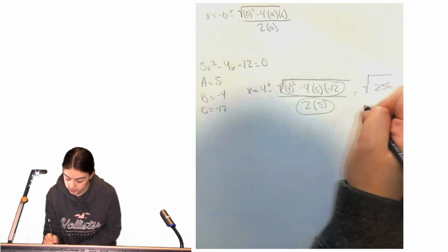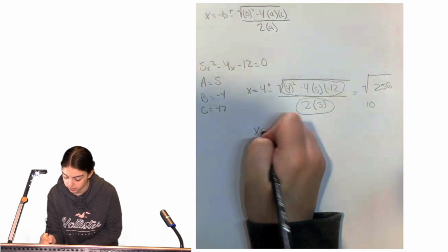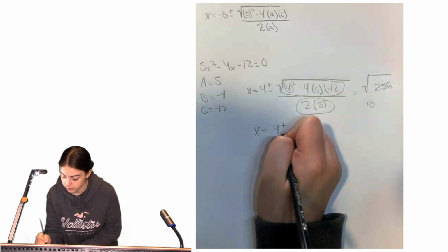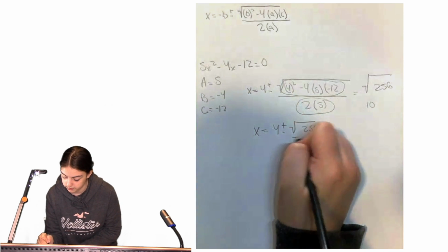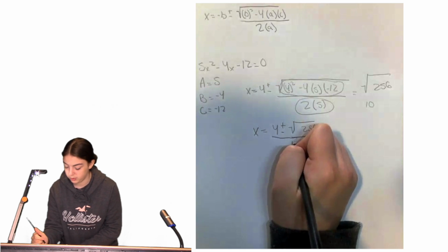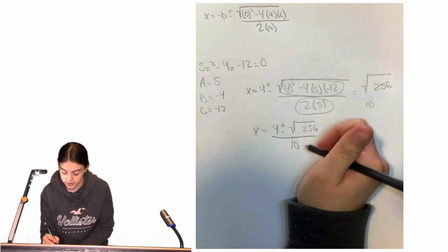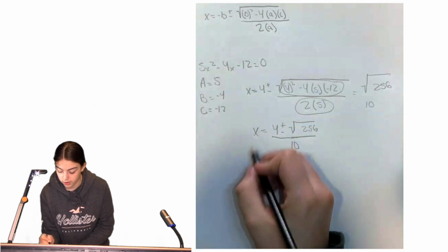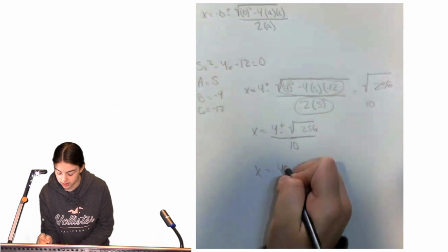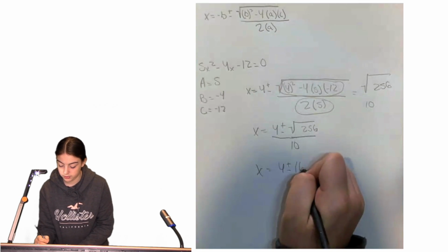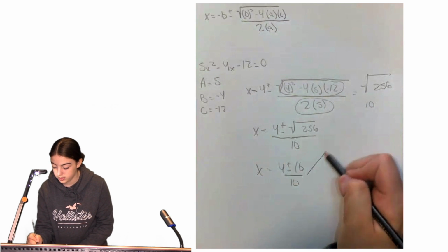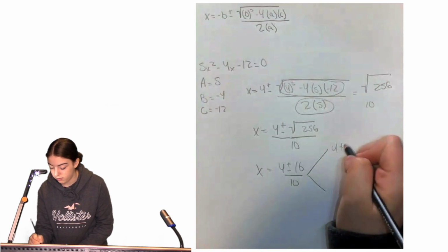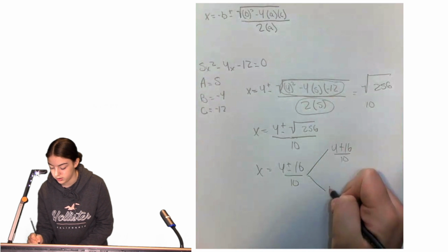So x equals 4 plus or minus the square root of 256, divided by 10. Now this is in simplest form, so now we have to break this down into x equals 4 plus or minus 16 over 10. Now we have to break it down because it's plus and minus, so we'll break this down to 4 plus 16 over 10 and 4 minus 16 over 10.